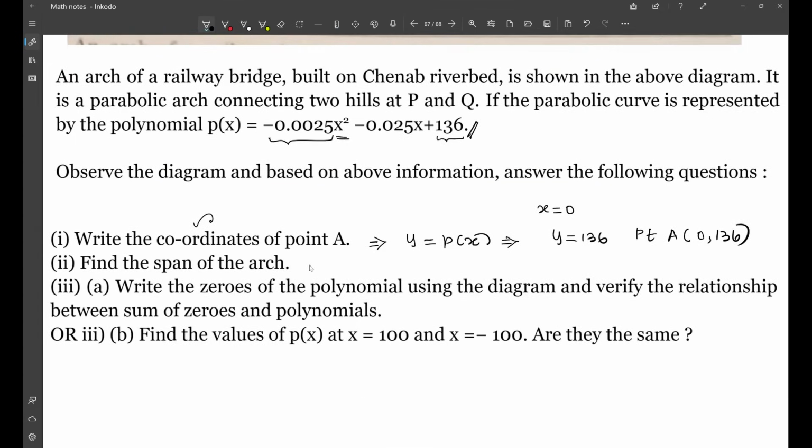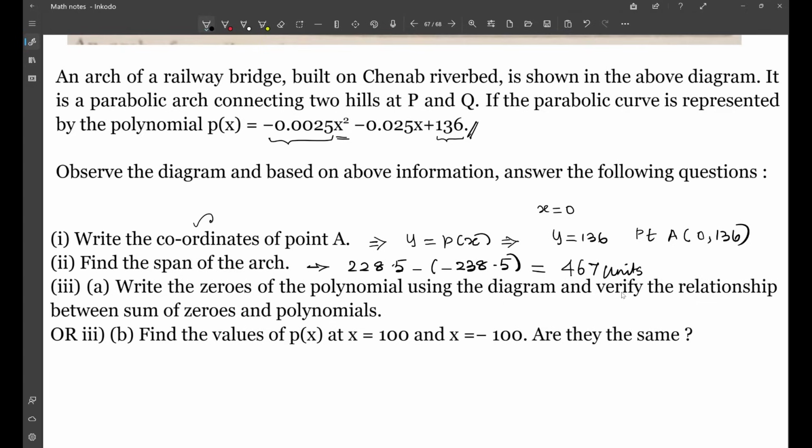Now, the span of the arc is 228.5 minus of minus 238.5. So that would be equal to 467. Is it given in meters? We don't know what the unit is, so I'm writing it as 467 units.